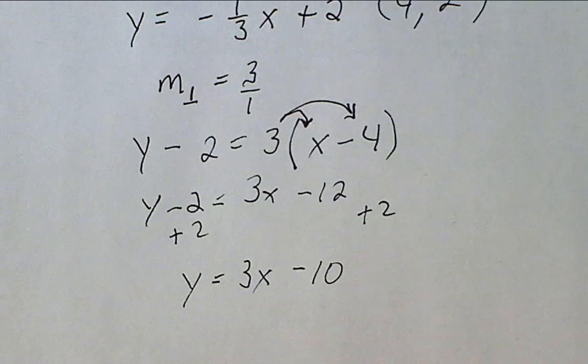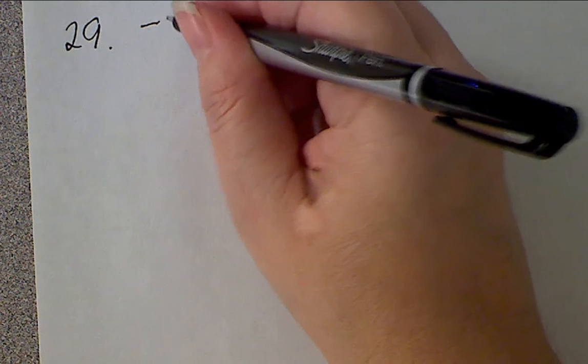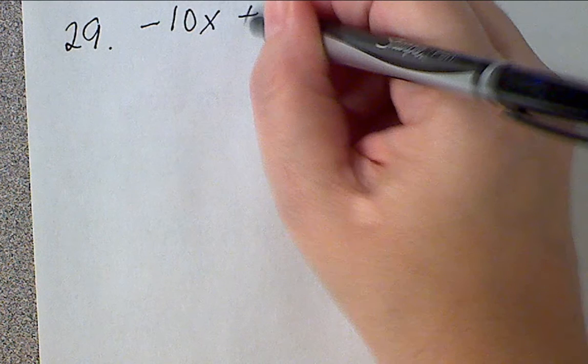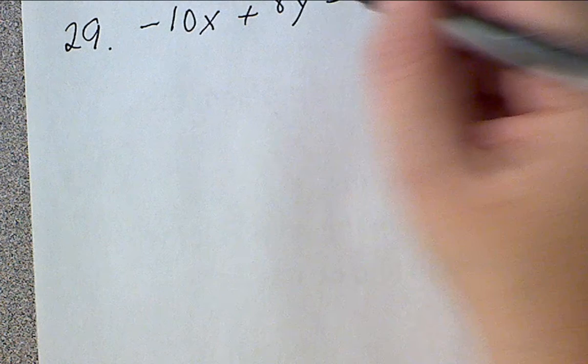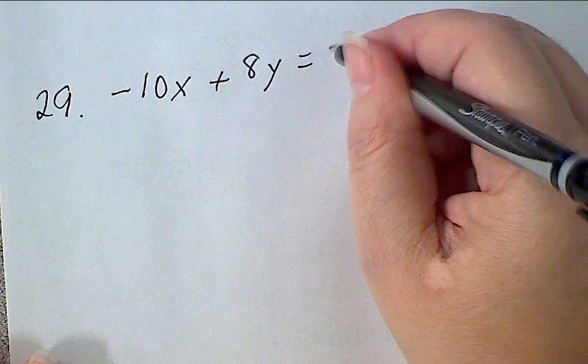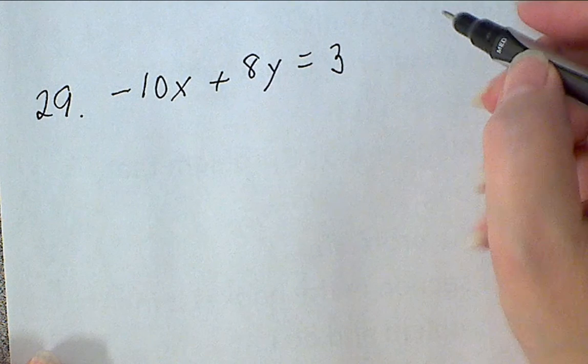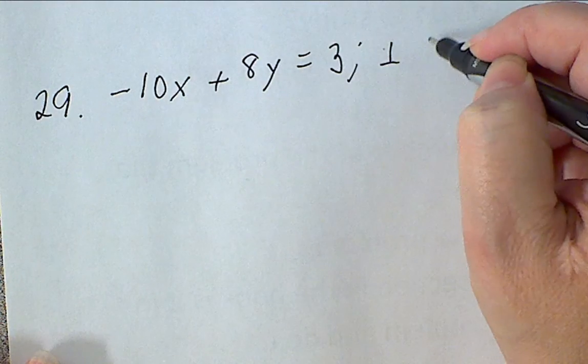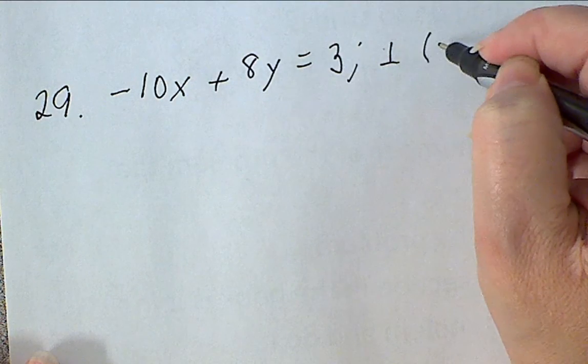We have, on 29, negative 10x plus 8y equals 3. And we're looking for the perpendicular line that passes through the point 15, 12.